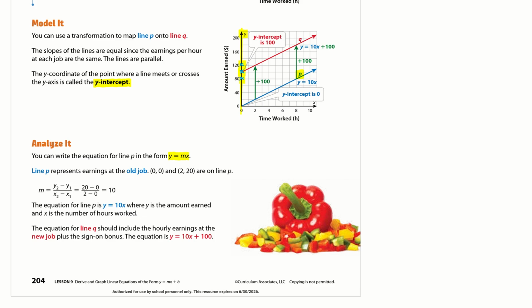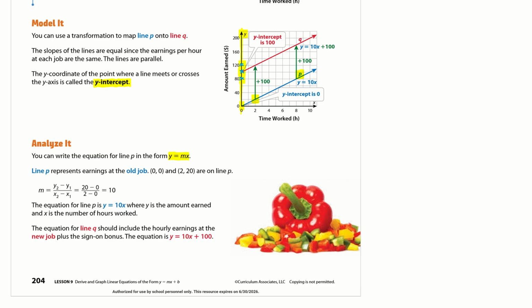It says line P represents earnings at the old job. (0, 0) and (?, 220) are both ordered pairs on line P. Right here, (0, 0), and 220 is right here. And then you can see they use the slope formula to solve to get 10, which is what we got in the try it problem as well. And then their equation is y equals 10x. Again, that's what we got there.